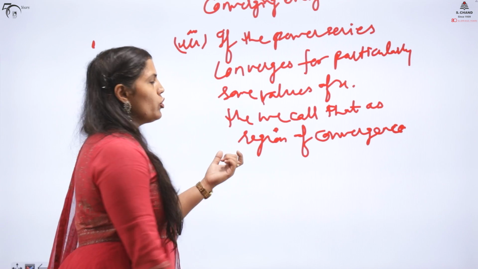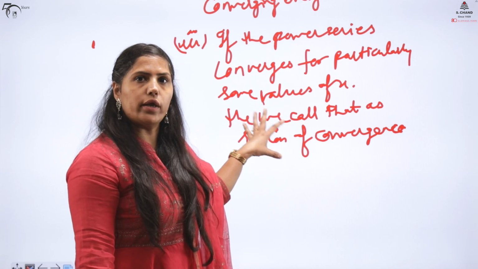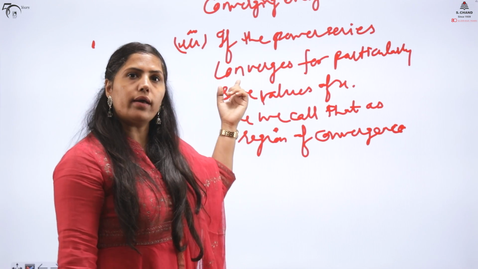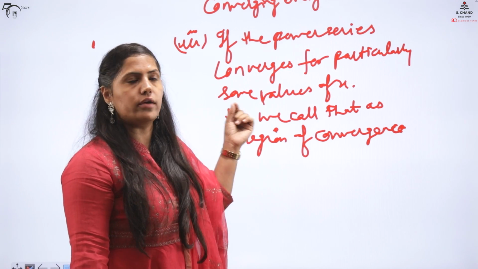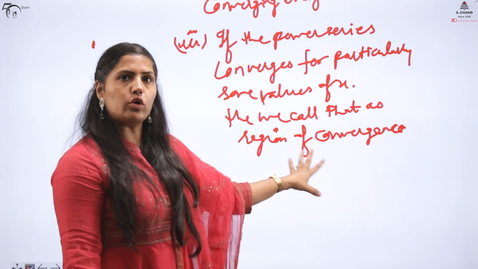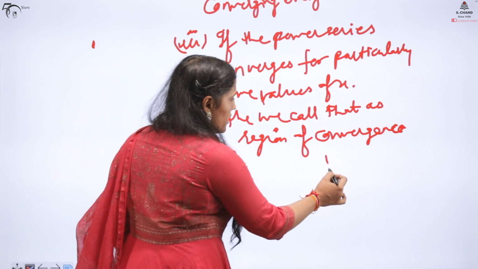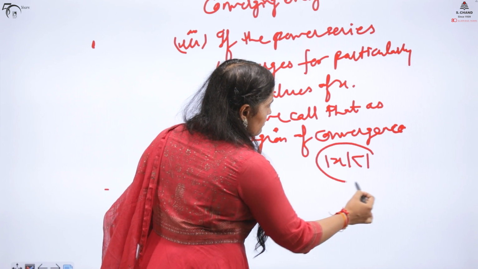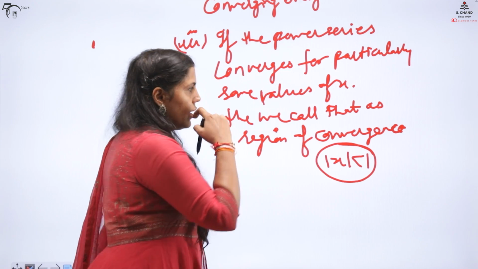This means the portion in which it is converging, we will call the region of convergence. So, nowhere convergent, everywhere convergent, then there is a particular region. It could be that the series converges only for mod x less than 1. It means it has just this much region for convergence.